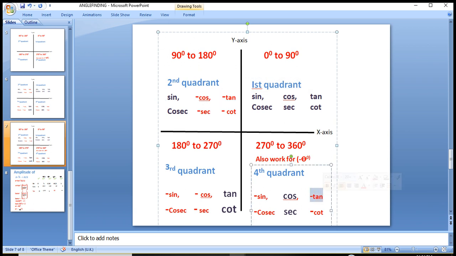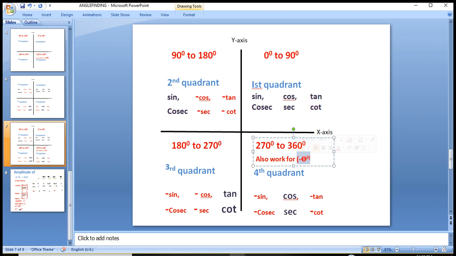As we have written in sine, the minus is with the angle. The minus sign is written with the angle, because tan of minus theta degrees is minus tan. We can write the minus tan value like this. Why?